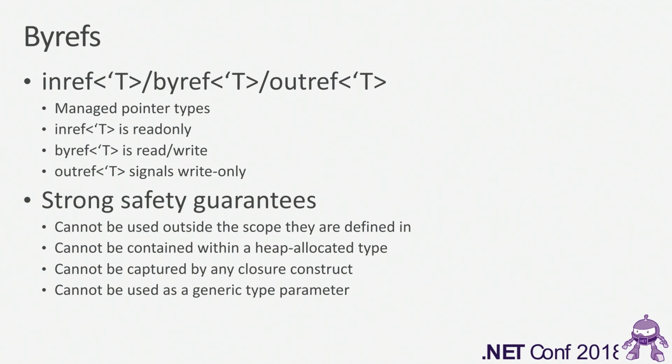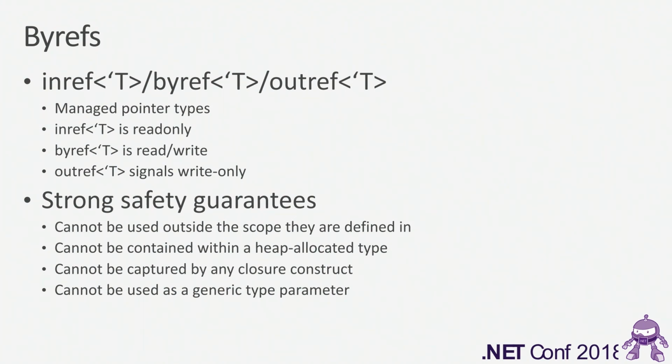And they have some subsumption rules, so if you're expecting an inref or an outref, you could pass in a byref and it'll work. There are some safety guarantees when you use these, which did not completely exist prior to F# 4.5. They cannot be used outside the scope that they're defined in.